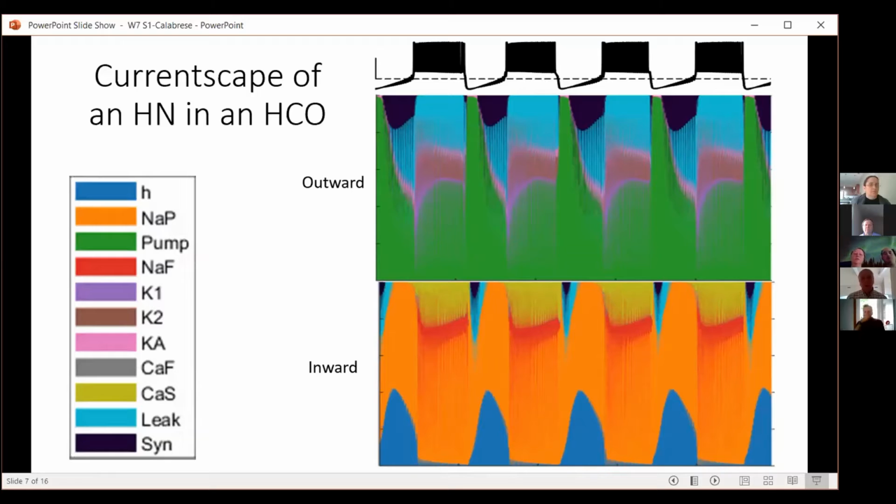Okay. So I also have a question that is so basic, I should clarify this right now. What you call pump current, is that the sodium, or is that the net sodium and potassium? What we call the pump current is the difference between how much sodium is thrown out and how much potassium is in.